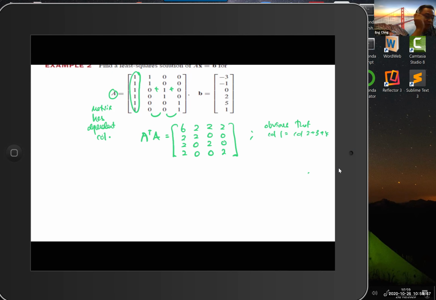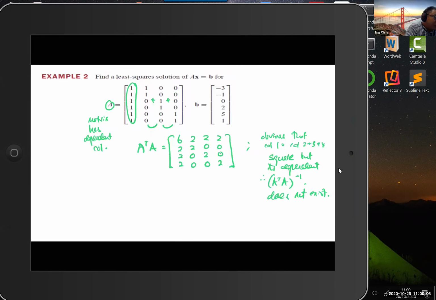When it has a dependent column, although this matrix is square, its columns are dependent, therefore (A^T A)^-1 does not exist. But you cannot stop here, right? Because it still asks us to find some x.